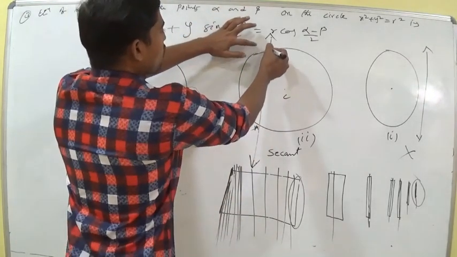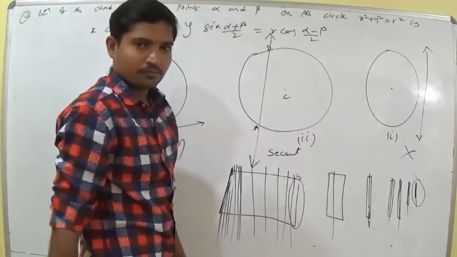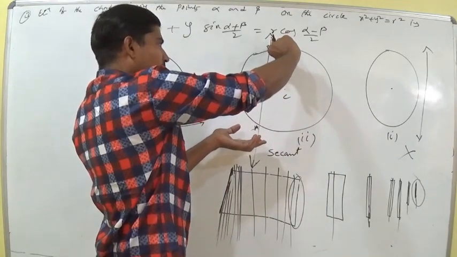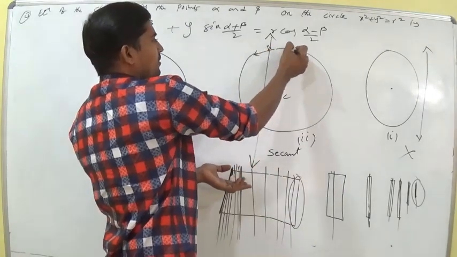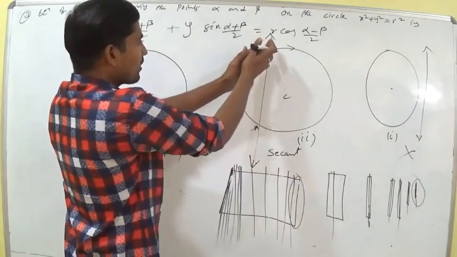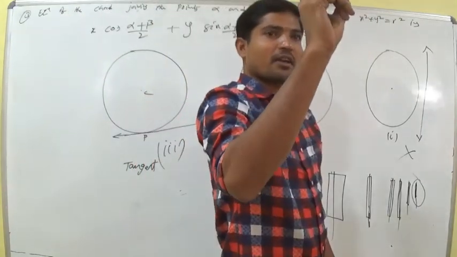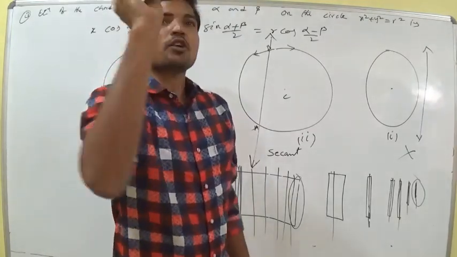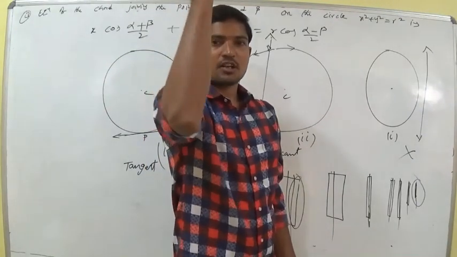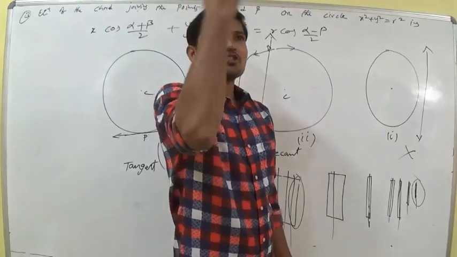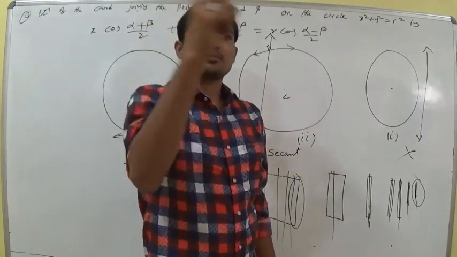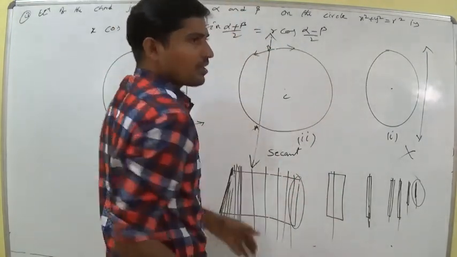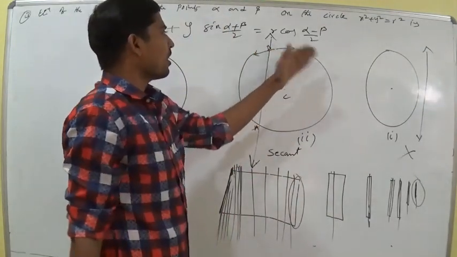Here the 2 points taken are B and A. Suppose B is moving, B can move either this side or that side. Suppose we take a stone and a thread, we can rotate it clockwise or anti-clockwise.